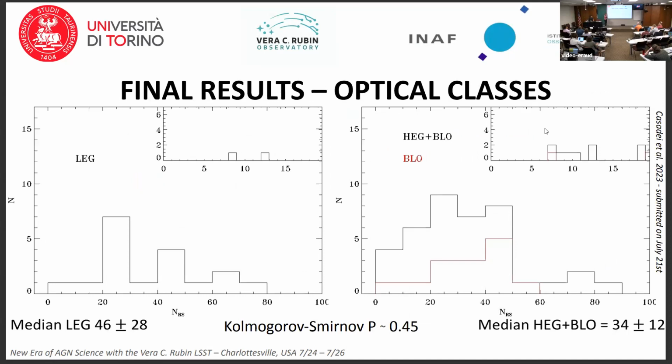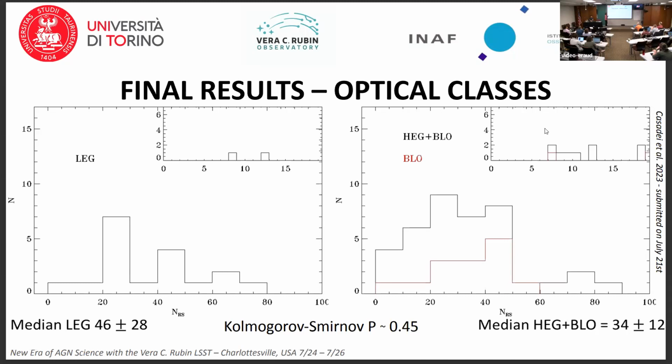And once I established the richnesses of my radio galaxies, I constructed these histograms here, where we have the number of red sequence galaxies and the number of galaxies with the same richness. And I wanted to compare, like I said, the different classes of radio galaxies. So here we have basically low excitation galaxies and high excitation galaxies.